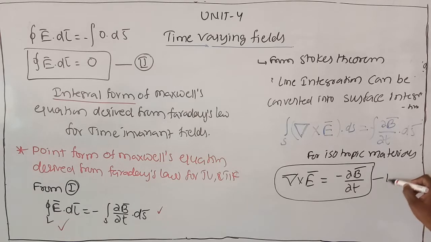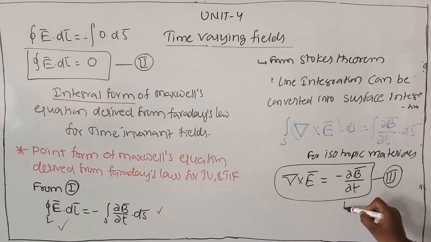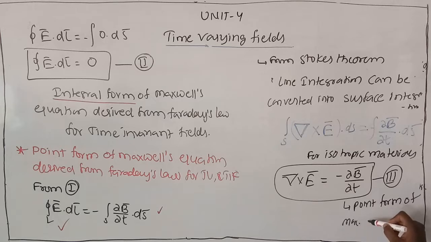Just consider it as equation Roman number 3. What is this equation? Point form of Maxwell's equation derived from Faraday's law for time varying fields, TVF.